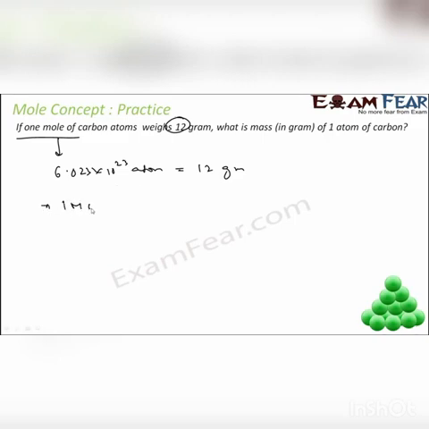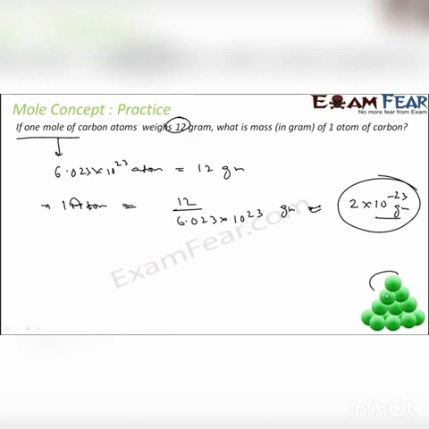So mass of 1 atom will be how much? 12 by 6.023 into 10 to the power 23 gram. Solve this, you get 2 into 10 to the power minus 23, almost approx. So that is the mass of one carbon atom.